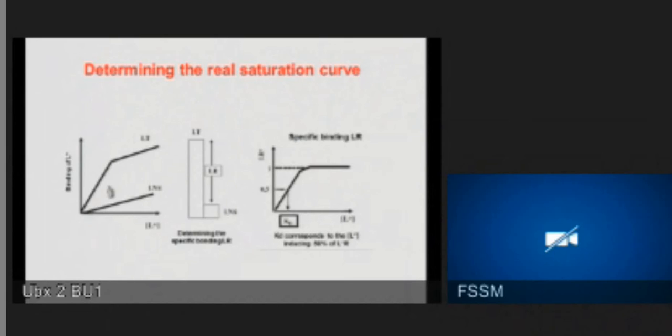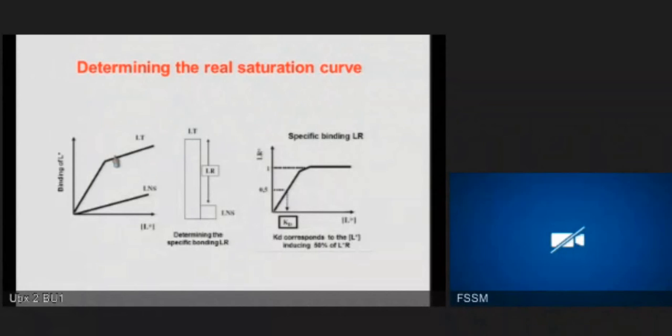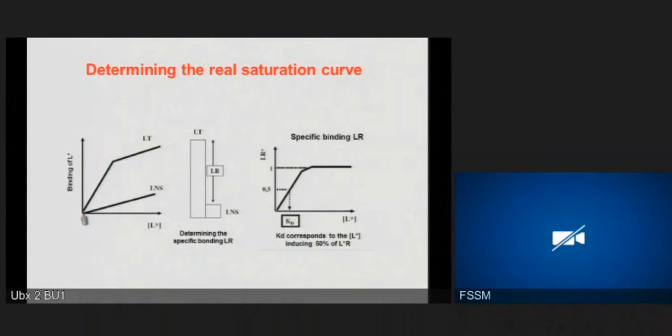The first one is the total binding, which gives you something like this, and then a progressive increase that you don't know what it is, except that you know this is probably the non-selective binding. And you can also measure experimentally, by protecting R against the binding of radio-labeled L, the non-selective binding.